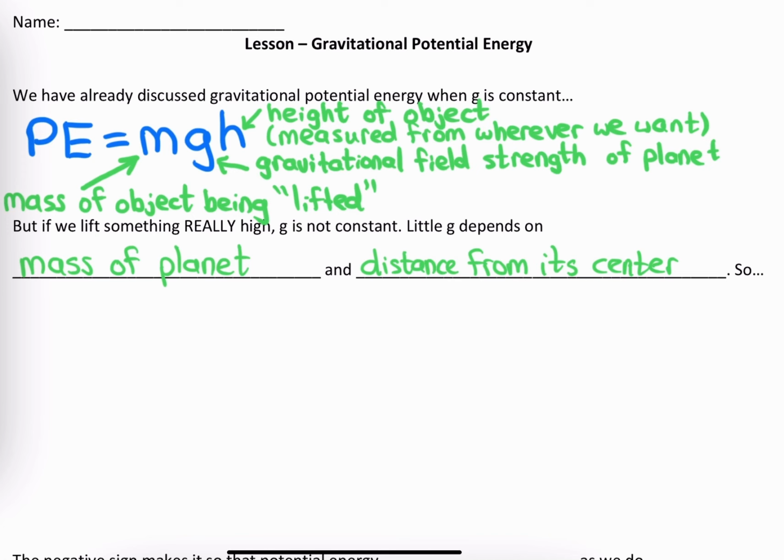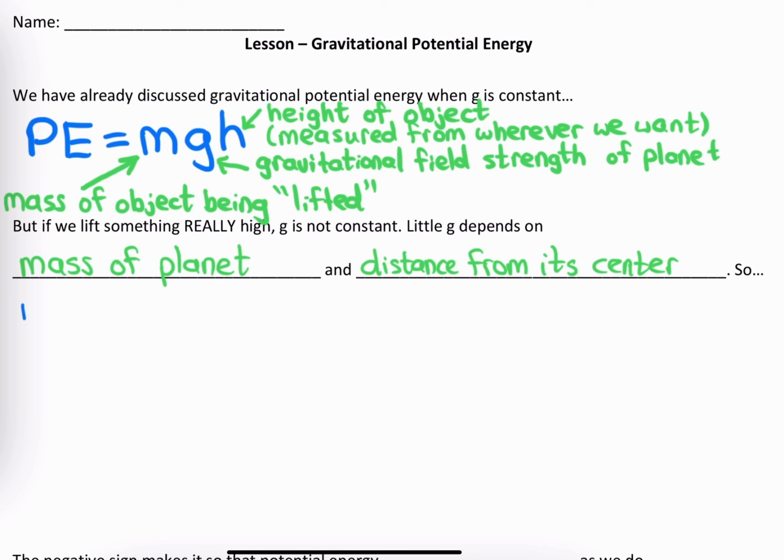So I'm going to have to adjust this formula to account for the fact that little g can be many different values, to adjust for the fact that little g can depend on mass of planet and also how far we are from its center. So let's see what that would look like.